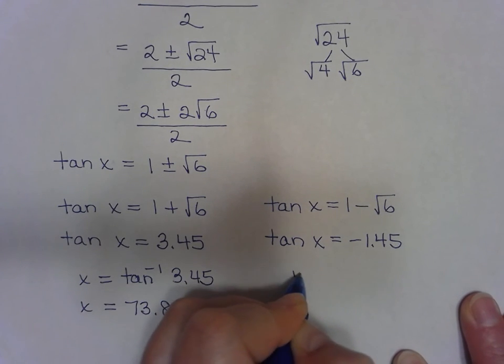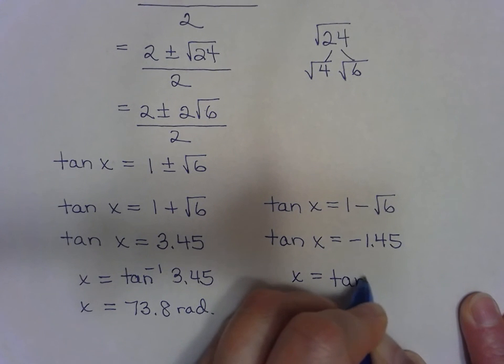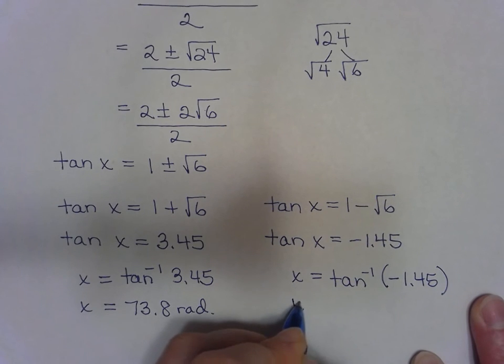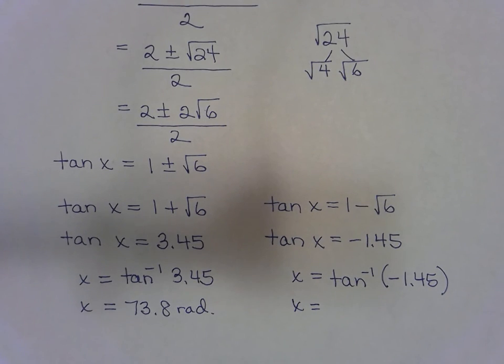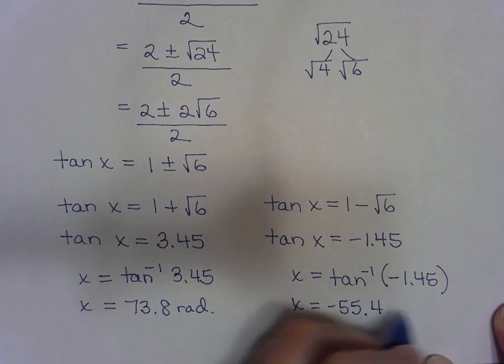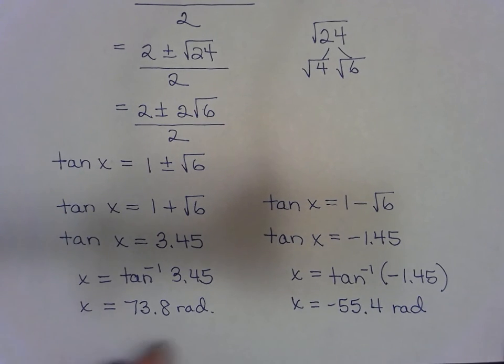So x equals tangent inverse is going to give us negative 55.4 radians. All right, so we'll just leave it just like that.